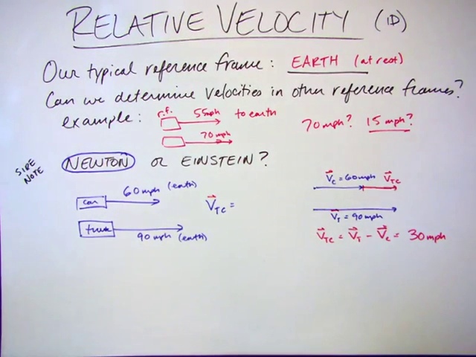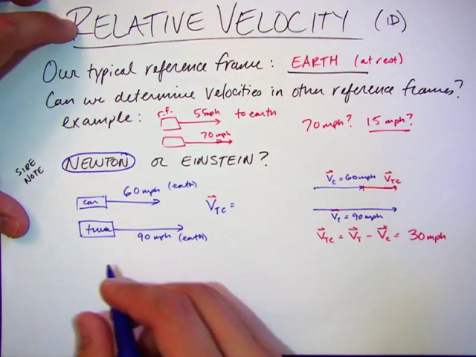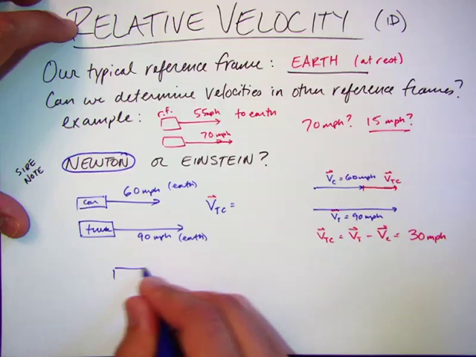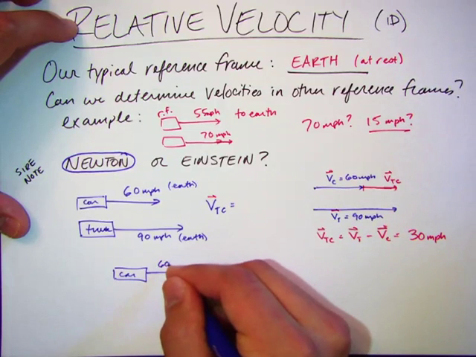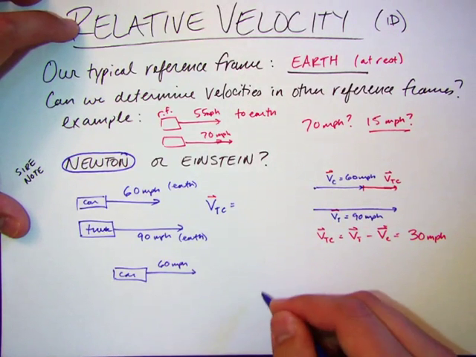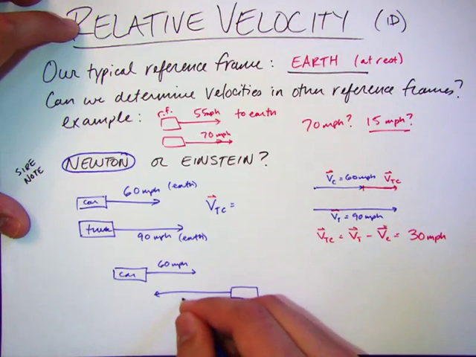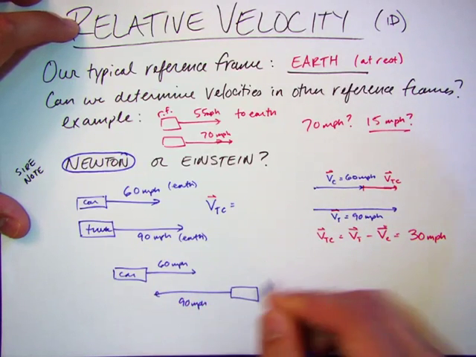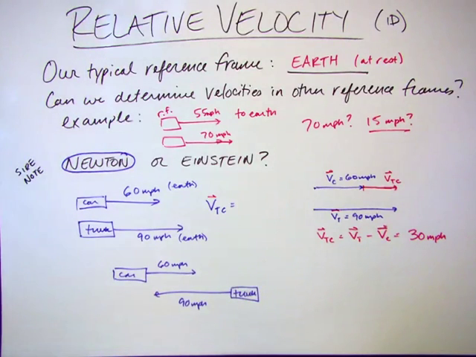Well, that seems easy enough, but what if my car is moving in the opposite direction of the truck? So in this case, my car is moving 60 miles per hour to the right, and my truck is going to move 90 miles per hour to the left. How do I deal with it now?